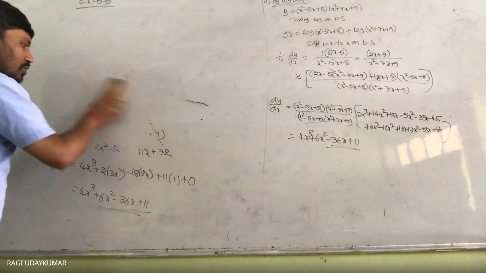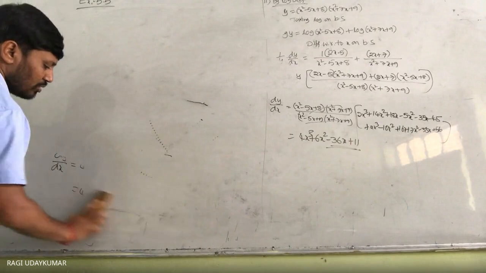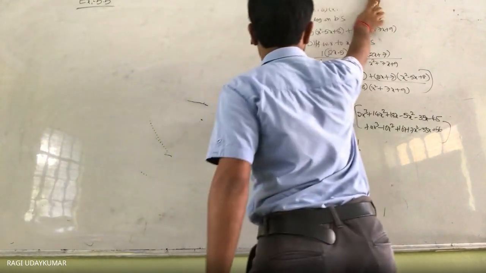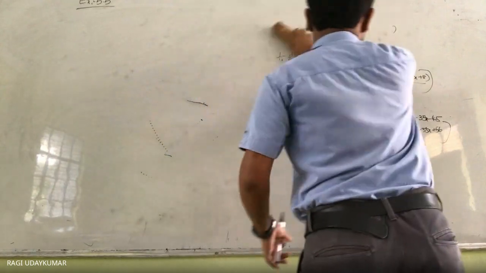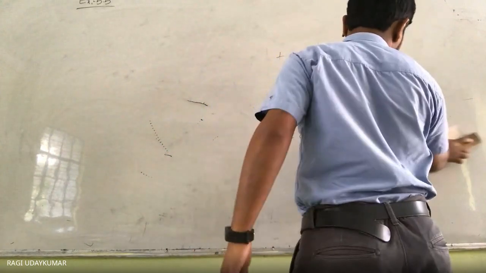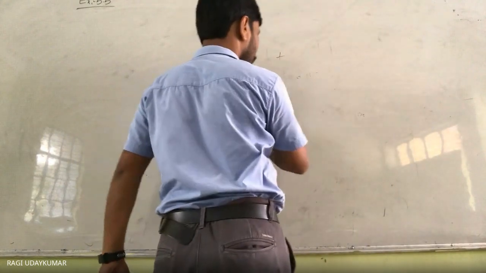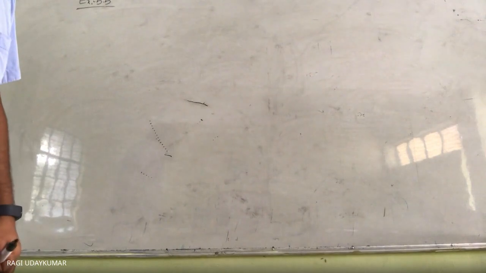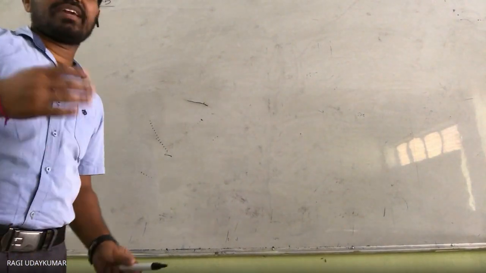18th one. So 3 functions, whenever it is given to you, the product rule, how do we use the 3 functions? Based on that, the question is given to you. The question is: u, v, w are the functions of x.